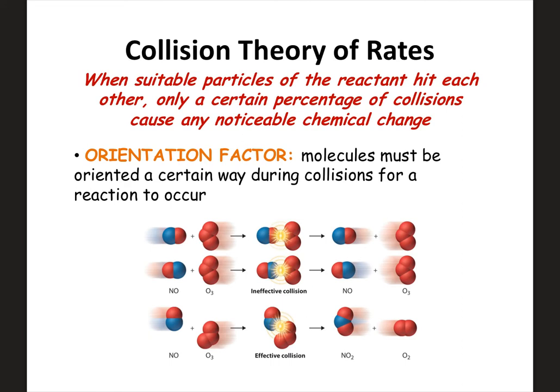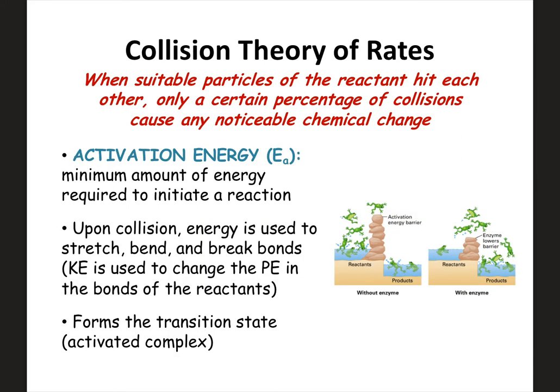However, if you have the nitrogen from the NO hitting one of the end oxygens in the O3, then a successful collision takes place and a reaction will actually happen. All right, so just having enough energy here is not enough. You also have to hit in the proper orientation or in the proper place in order for a reaction to take place as well.